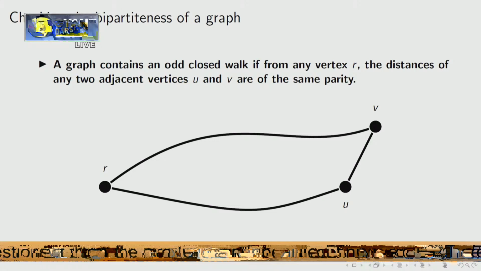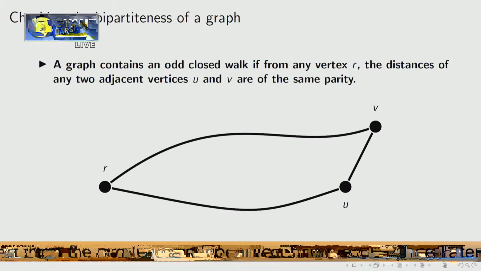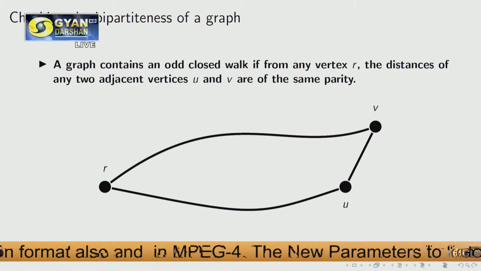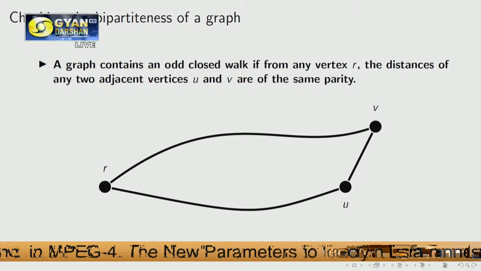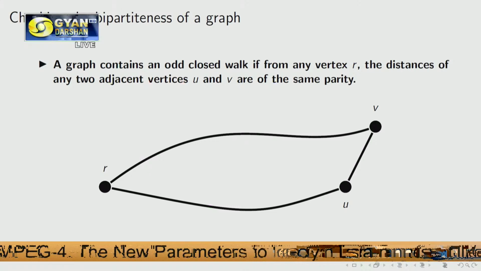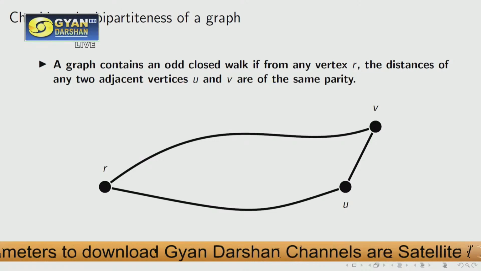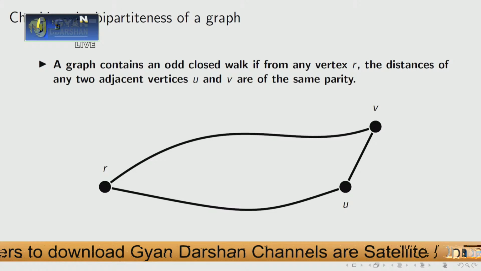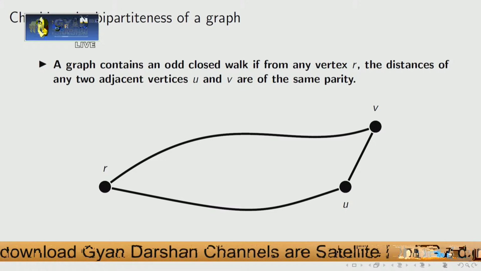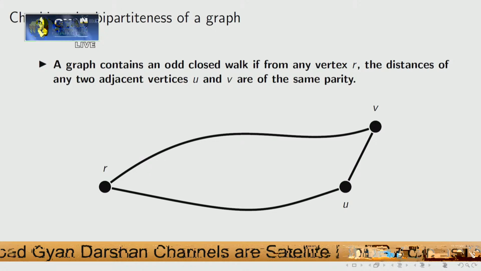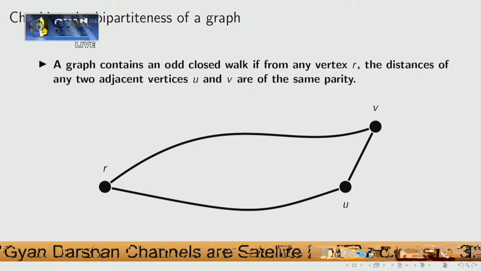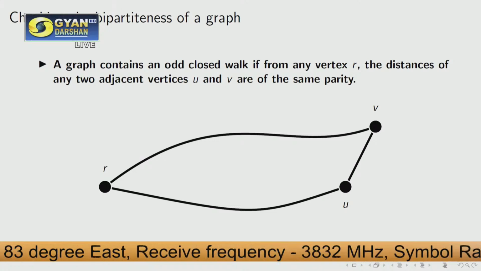In the algorithm that we are going to see, we have to just check at each step whether the graph has any odd closed walk or not. Essentially, we are checking whether from the root vertex there is any pair of adjacent vertices U and V whose distances have the same parity.